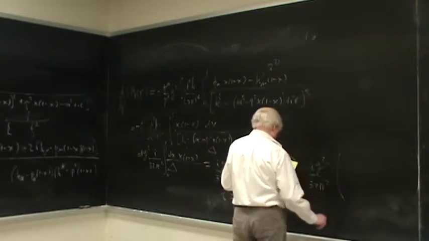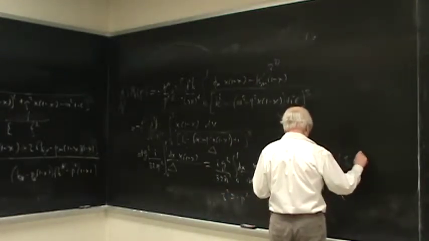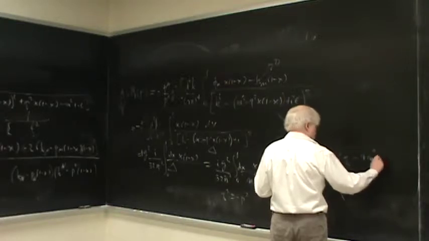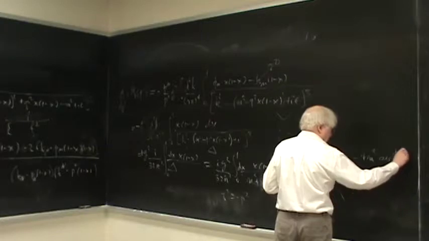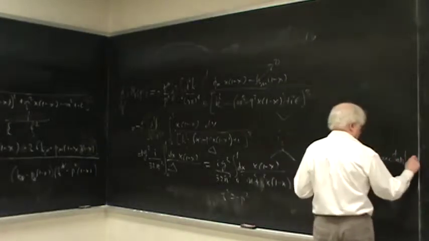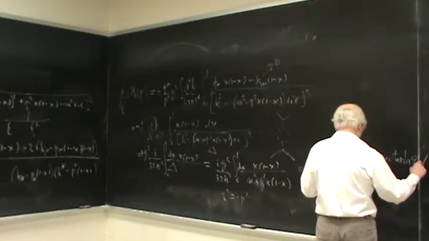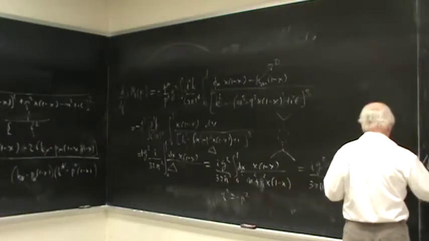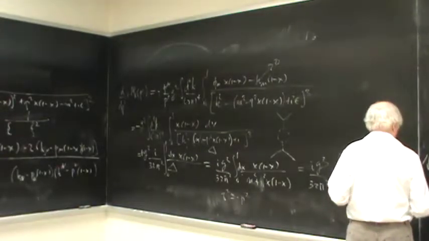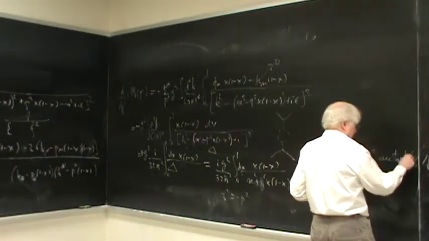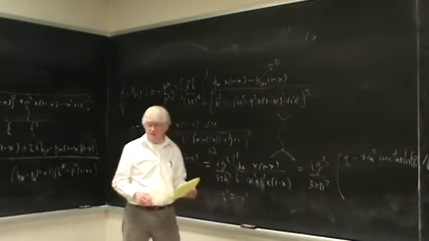And now what we have is q minus 4m squared arctan hyperbolic q. I did not write this with enough parentheses to know whether it's like this or whether the arctan is divided by the square root.